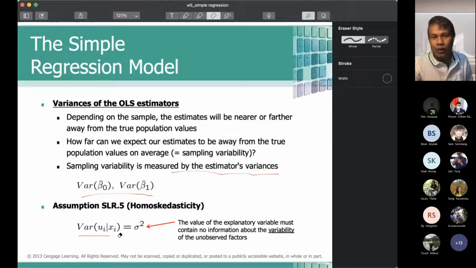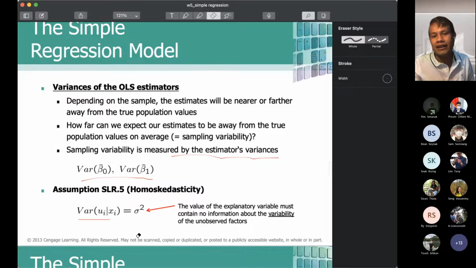All right. So assumption number 4, zero conditional mean, only looks at the beta itself, meaning that the expected value of residual must be 0. But here we refer to variance. All right. Variance must be constant.